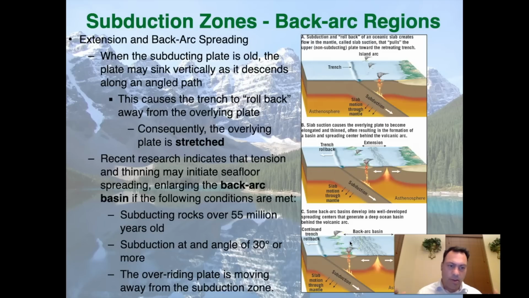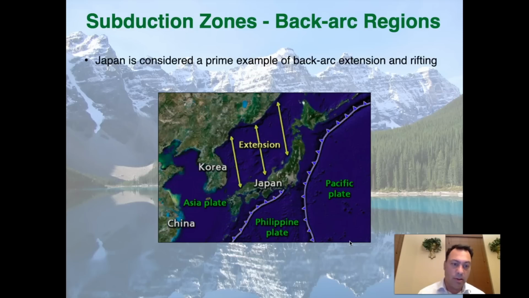So it's really complicated, but the result is that you can get some pretty profound land features, like the islands of Japan, which are believed to have been formed in this way. So here we see Japan. Japanese rocks are believed to have formed originally along the coast of what today would be known as China.